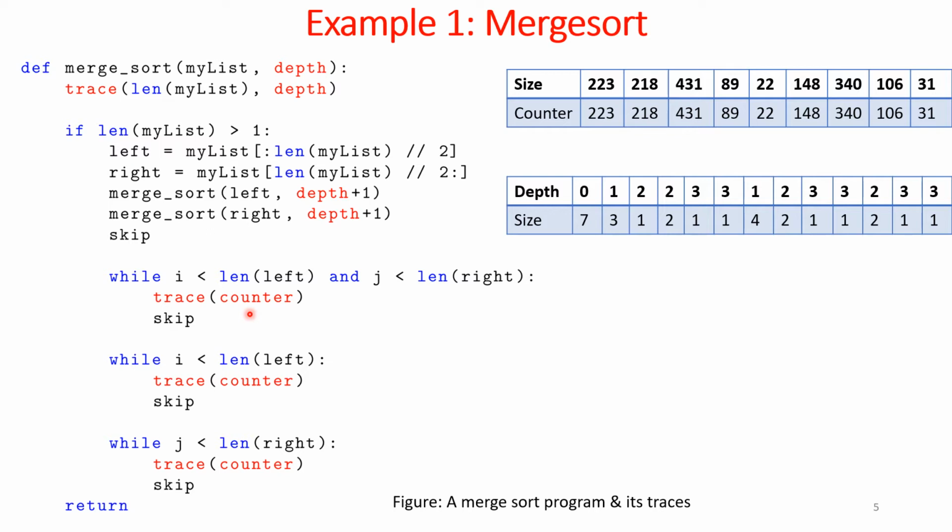If we run merge sort on an input of size 223, then we get 223 loop iterations per each step of merge sort.